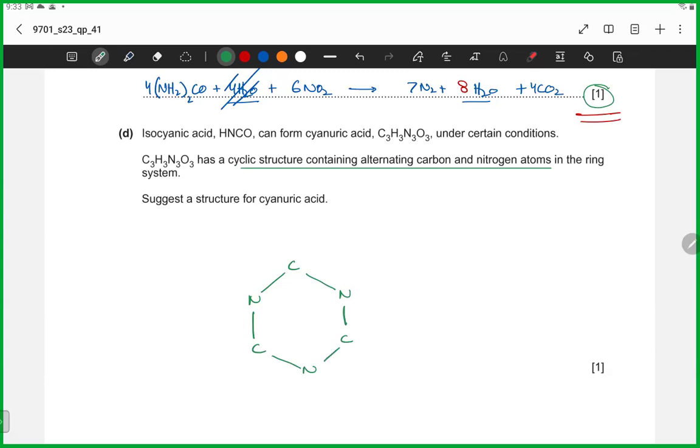It was like make like a ring, with just 1, 2, 3 carbons, and then add like a nitrogen on each, and then no, you can't do that. Okay, they were alternating carbon and nitrogen atoms. So I'm done with the carbon and nitrogen atoms. I'm left with 3 hydrogens and 3 oxygens. So the 3 hydrogens is easy.